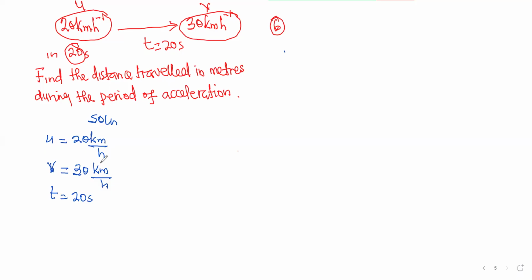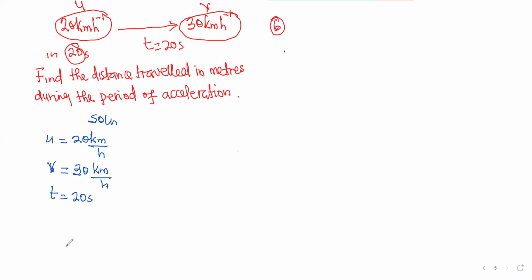And once these inconsistencies are there, I think we're also not given the acceleration, for an electric train moving at 20 kilometers per hour.